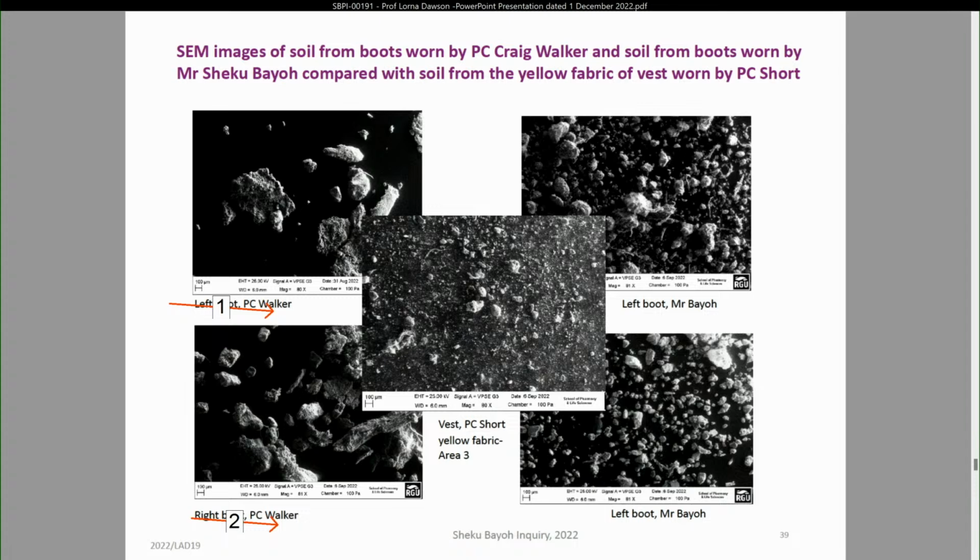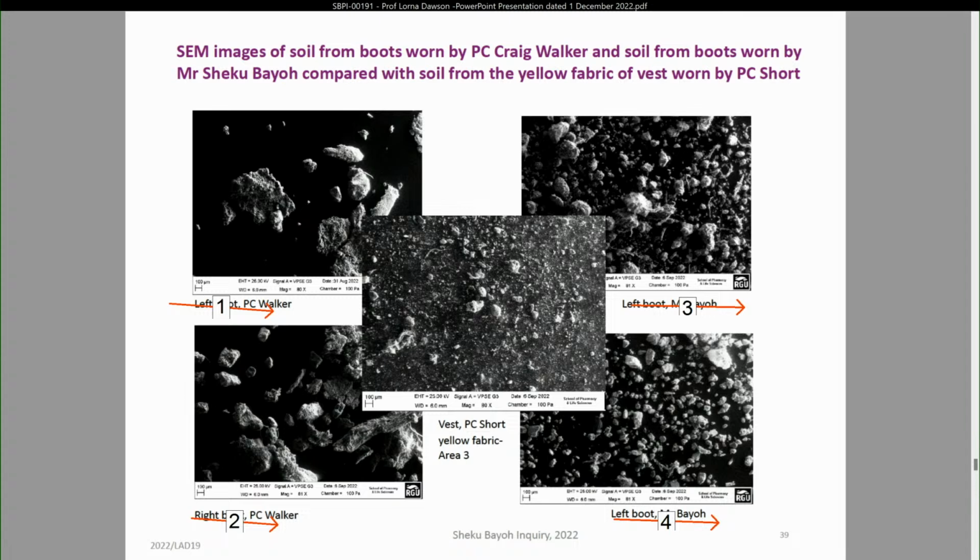Whereas Mr. Bayo's boots, the left boot, had a wide range of particle sizes from the sand size through the silt right through to smaller than you can see at this magnification. And also on the left boot, this was the other sample. Again, just those two for representation, but this is not well sorted, it's a wide range of particle sizes.